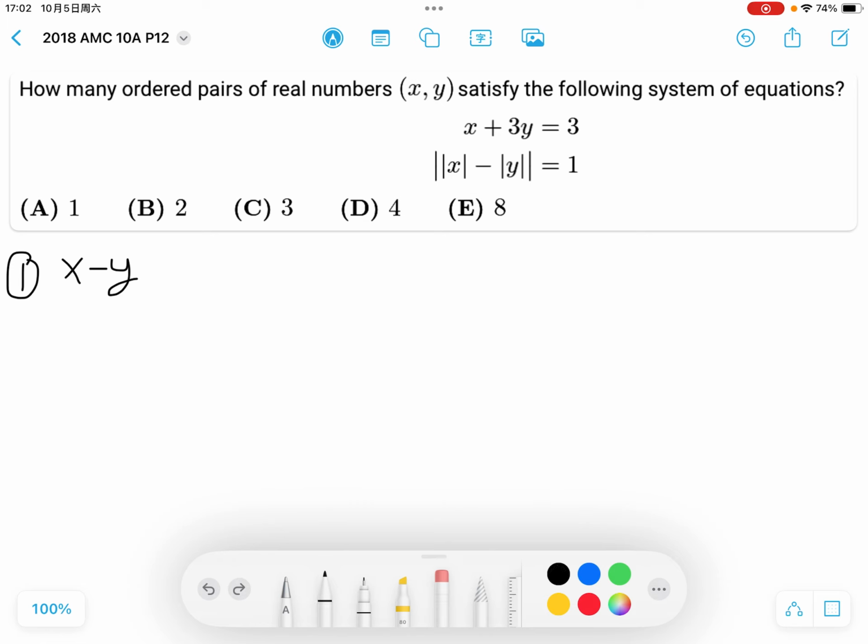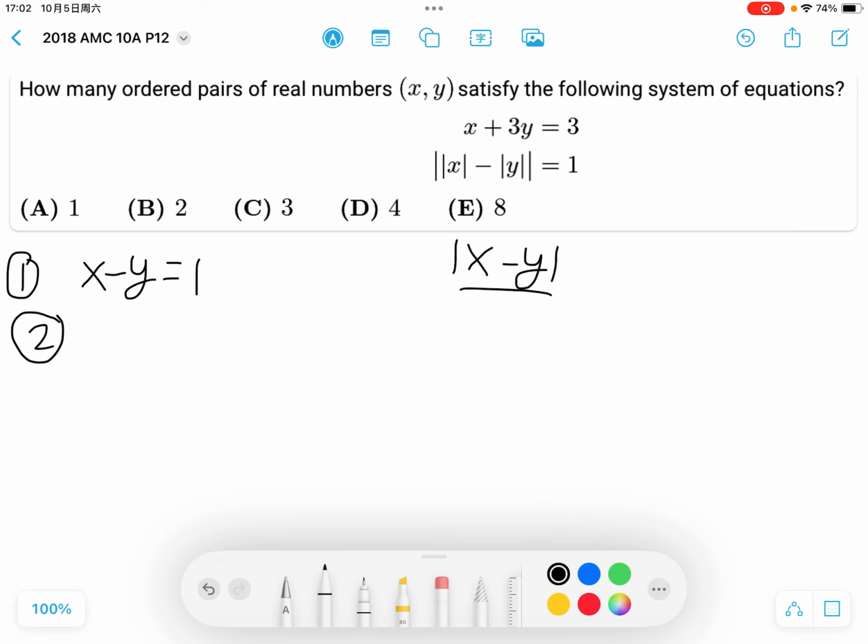In this case our equations would be x plus 3y equals 3 and x minus y equals 1. The second case is that both x and y are positive, but this value is negative, so we have to flip this over. So it becomes y minus x equals 1.